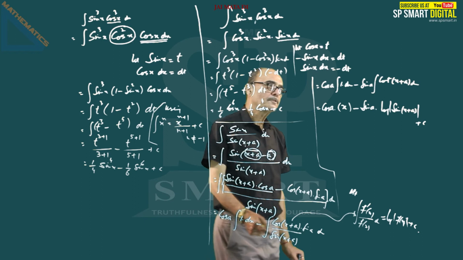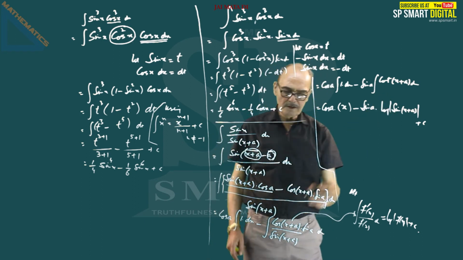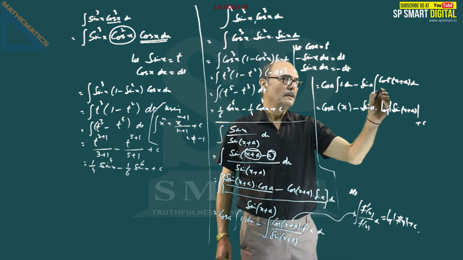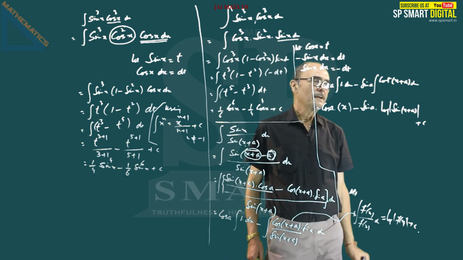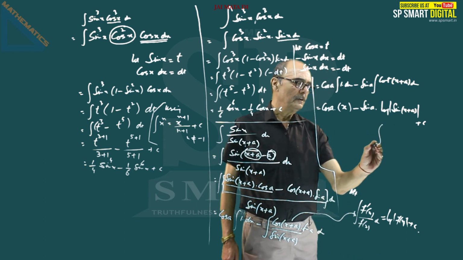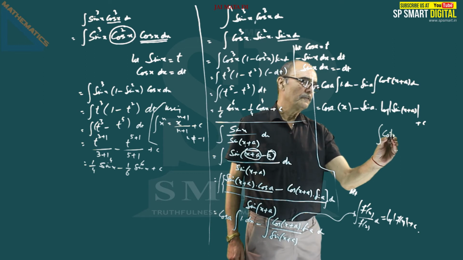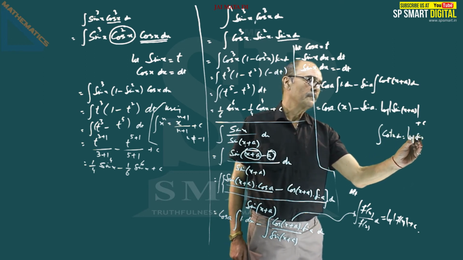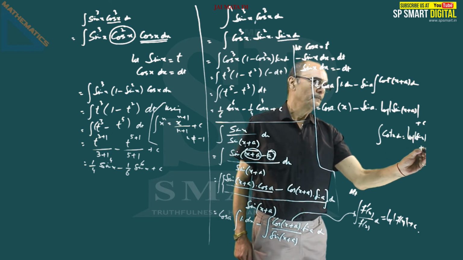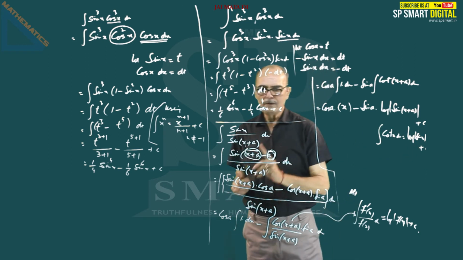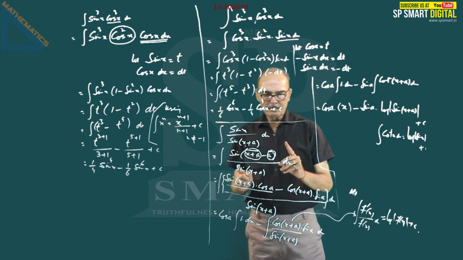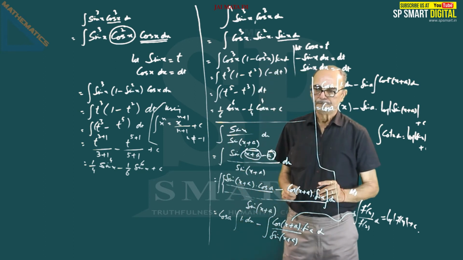So, it will be log of sin x, or you can convert cos over sine as cot x. This is log of sin x, because the formula for integral of cot x dx is log of sin x plus c. So, we have made use of the formulas which we have already discussed in the first case.